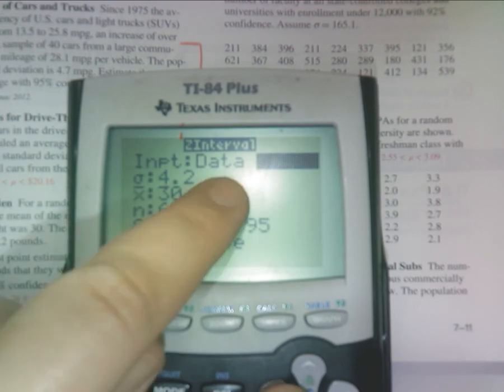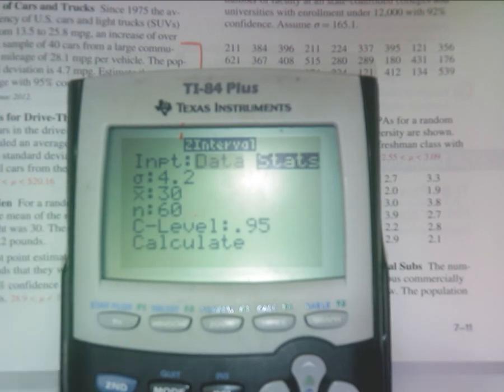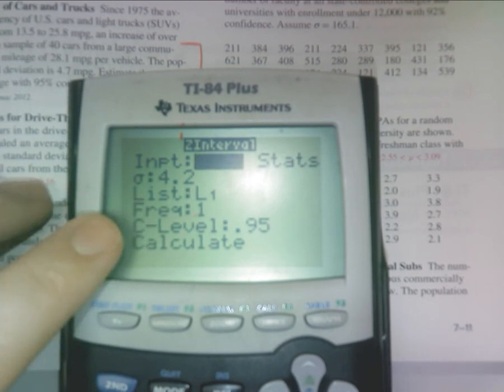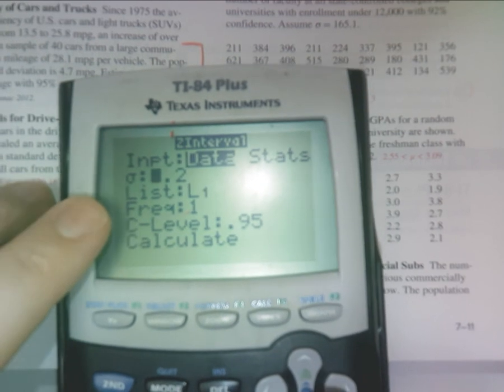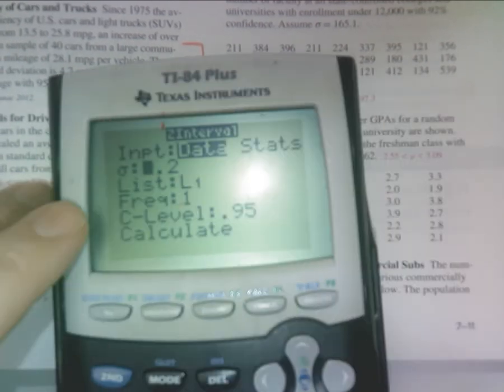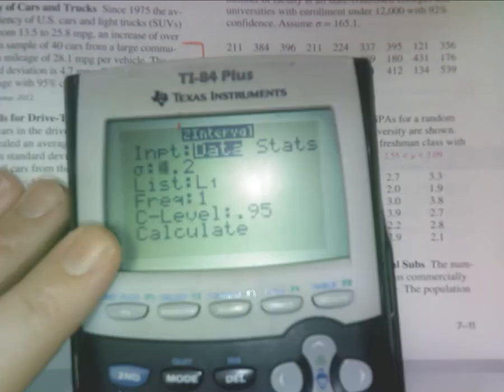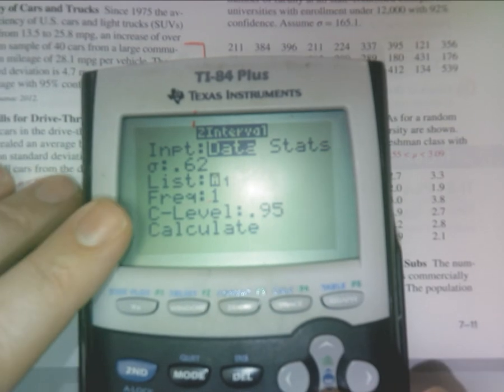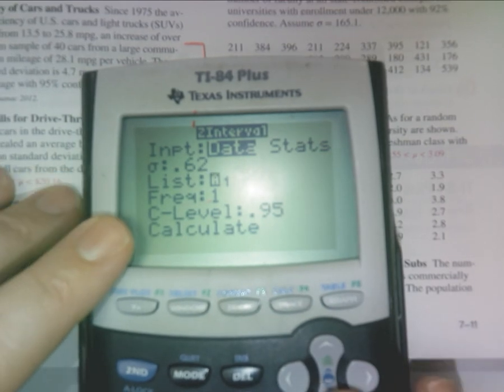You are now going to arrow over to the word data because you are going to input some data. But we're going to change a few things here first. We're going to change my standard deviation to what? 0.62? See how it says list 1? What does that mean we're going to have to do? We're going to have to edit a list.